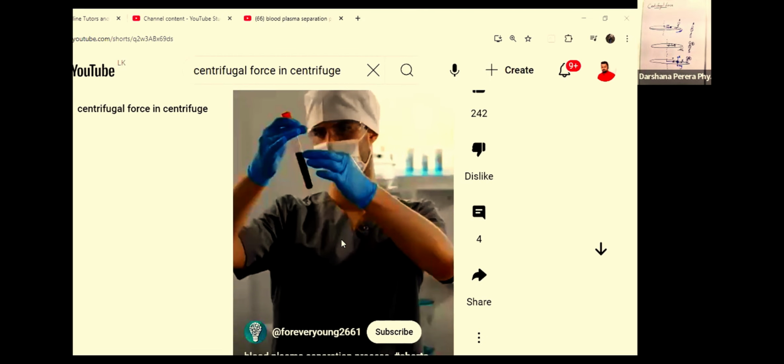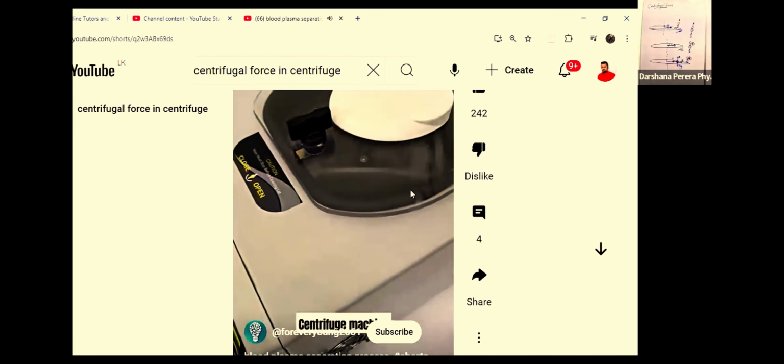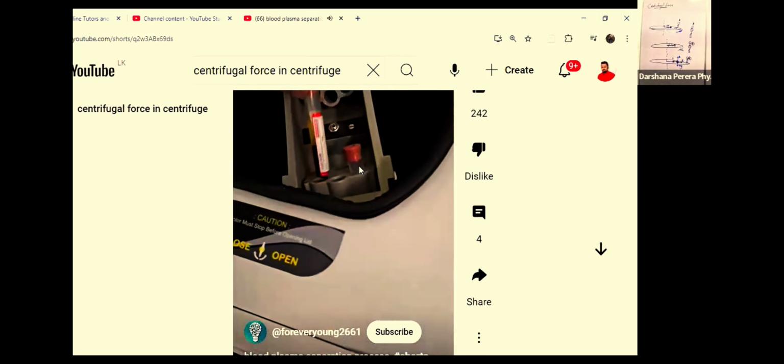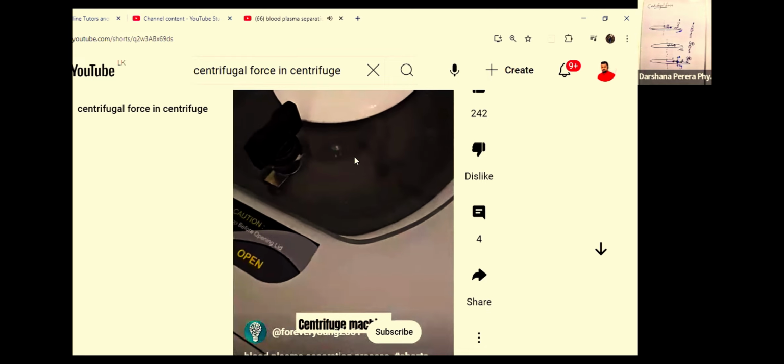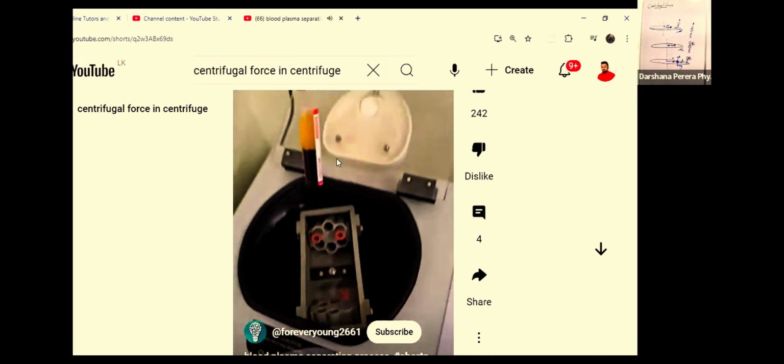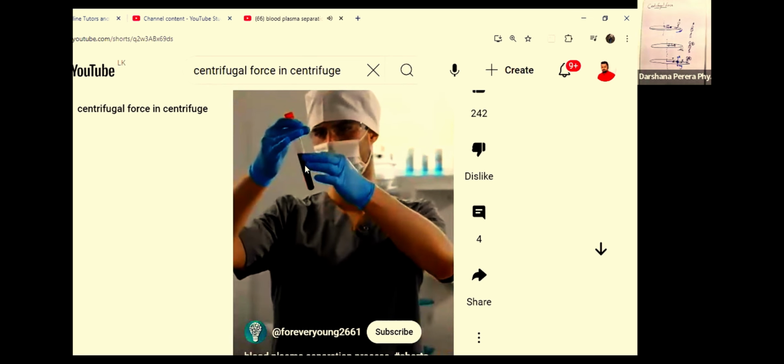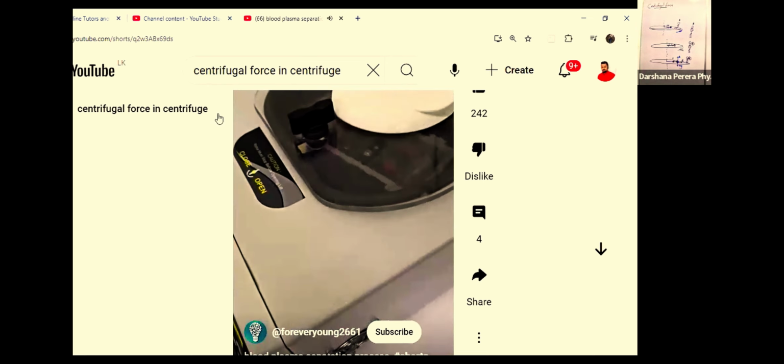This is the centrifugal pump, centrifuge. This centrifuge is used to separate the plasma and other things. Blood plasma. After rotating this, it can be seen like that. Right. It is a centrifuge.